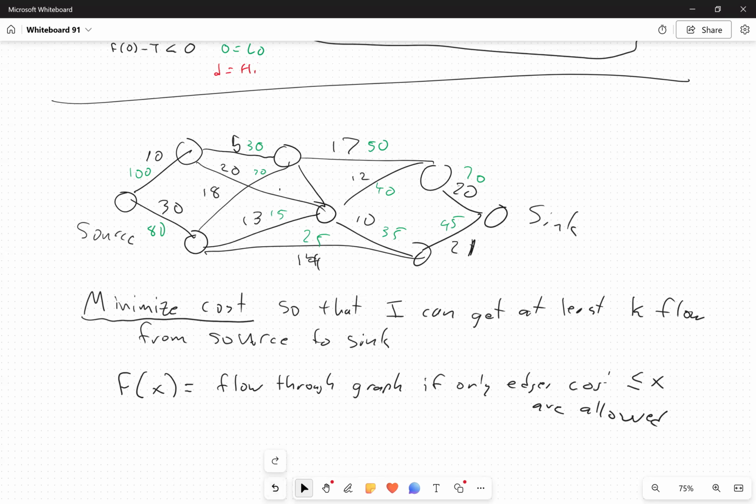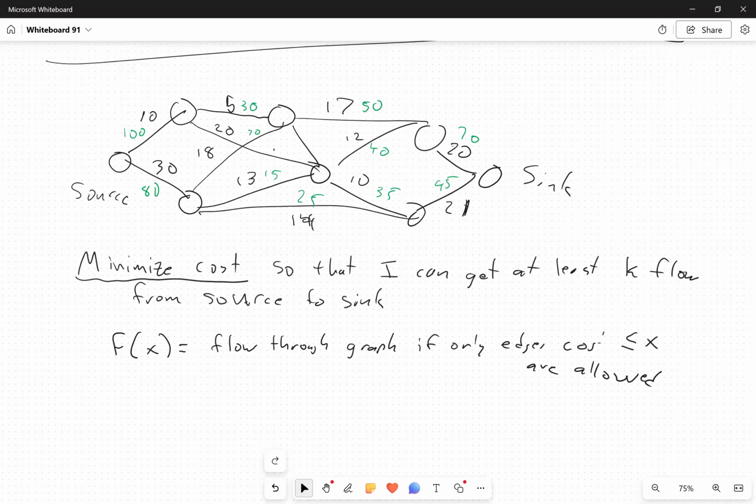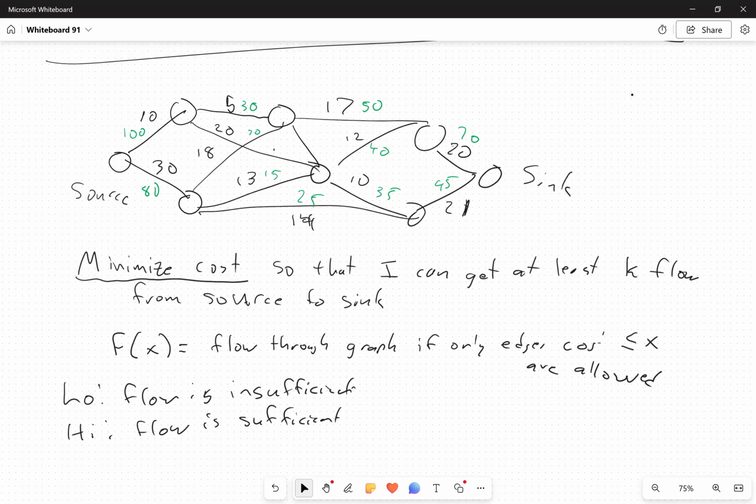Okay, so your low, you'll initially start out with a low value where the flow is insufficient. And high is where the flow is sufficient. Okay, so what values could you pick for low and high to begin with?